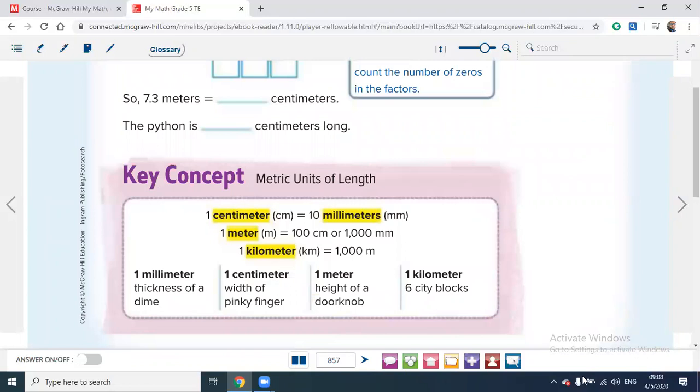The metric units are like this. I have millimeter, mm, as you see here, and then I have cm, centimeter, and I have meter, and then the greatest one is kilometer.